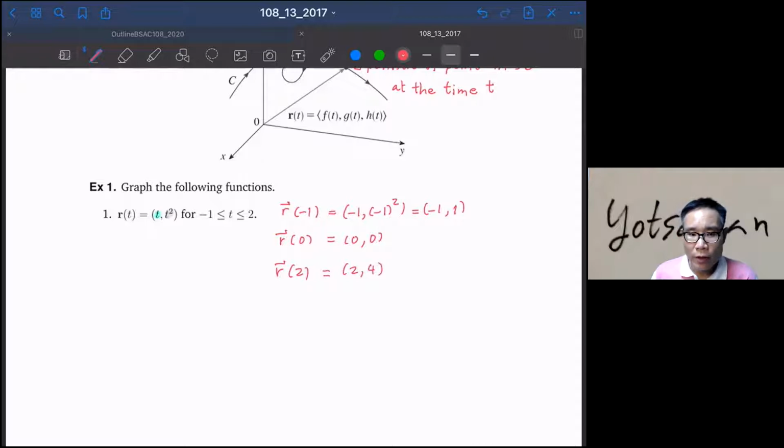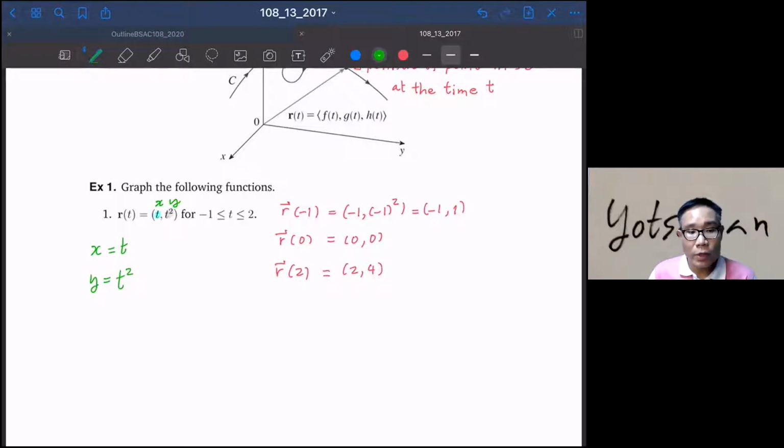This gives you just a rough idea of where the points that follow the function r would be. However, when we'd like to plot this, we're going to try to find the coordinates in terms of x and y. So the first component is x, and the second is y. So you have x equal to t and y equal to t squared.